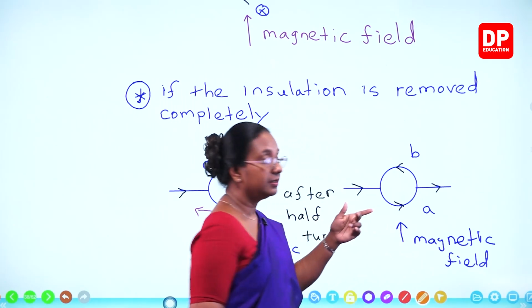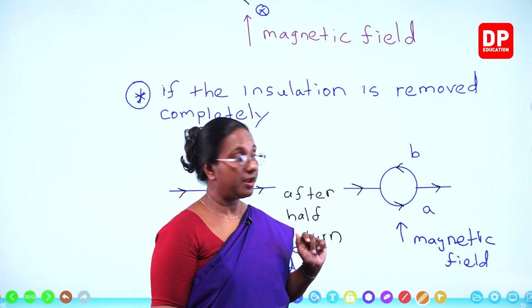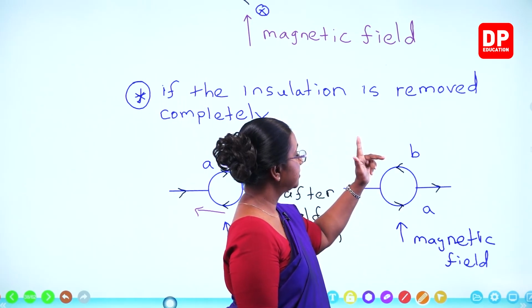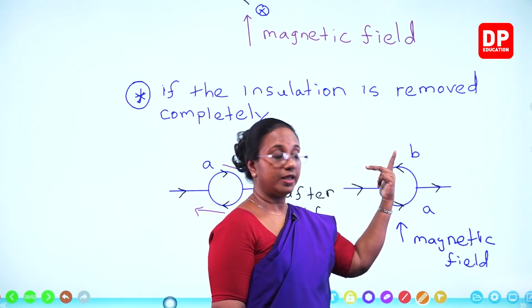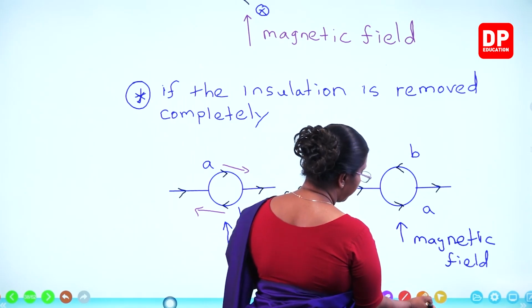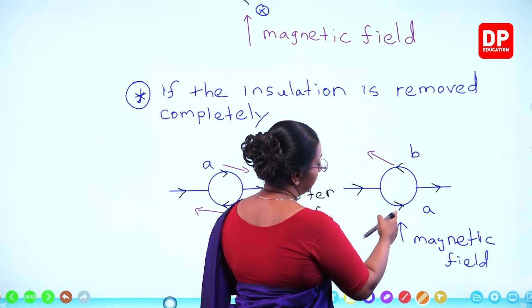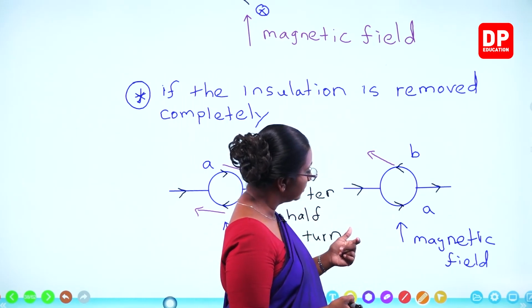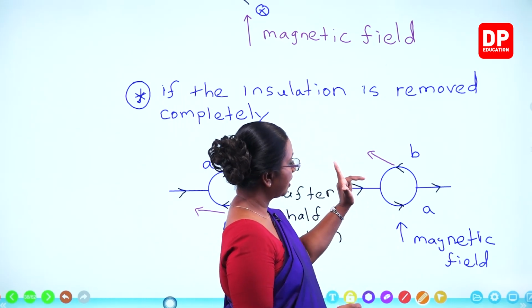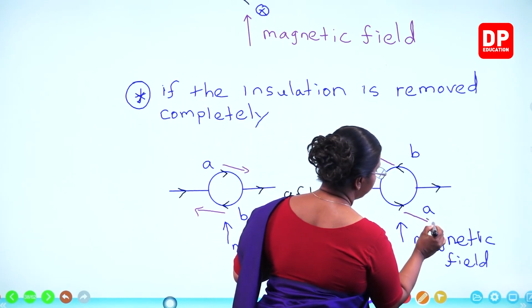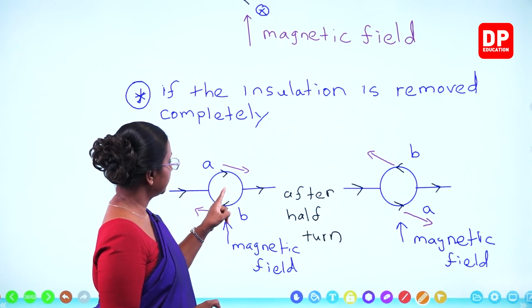Now apply the Fleming's left-hand rule. If we apply for this one, field is upwards, but the current flow is this way. So the direction of the force is going to be opposite. If you apply for this one, magnetic field up, current flow this way, the direction of the force is going to be out. Now can you see?